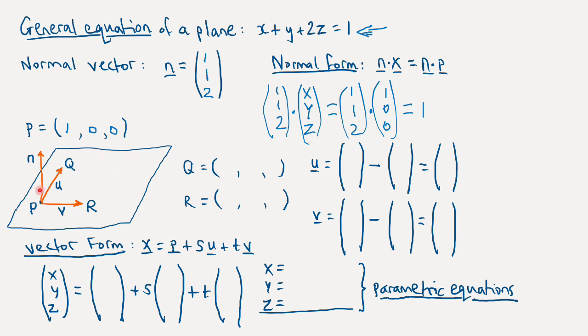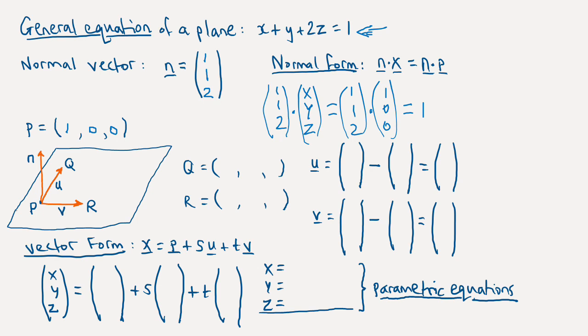We've got our point P, we've got our normal vector to the plane, and then if we pick two more points Q and R in the plane, and the vector U is Q minus P and the vector V is R minus P, as long as U and V are not parallel, then we can put those into the vector form of the equation like this: x equals the point P plus a scalar s times u plus another scalar t times v. So all we have to do is find 2 points Q and R in the plane so that we'll get two non-parallel vectors u and v.